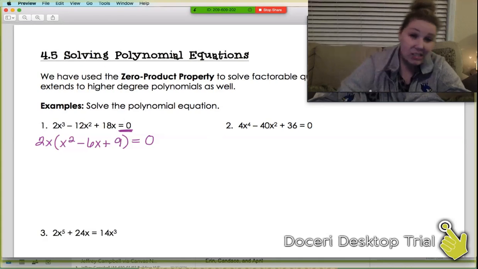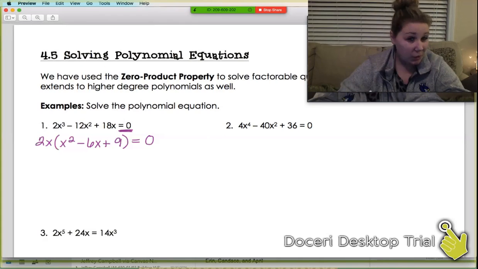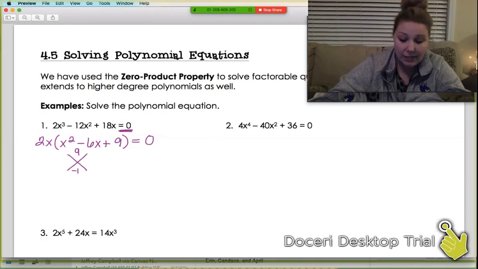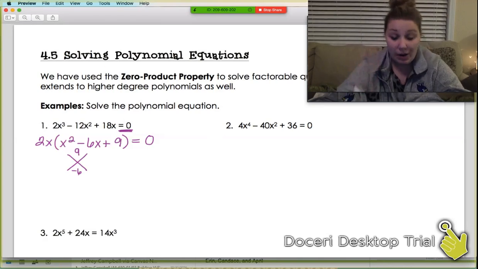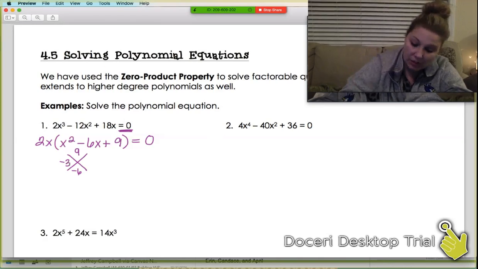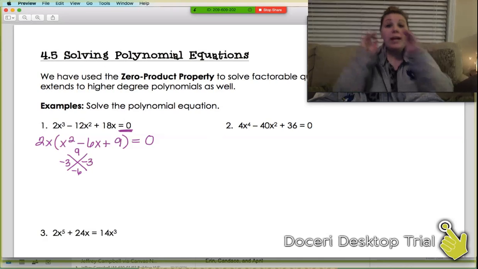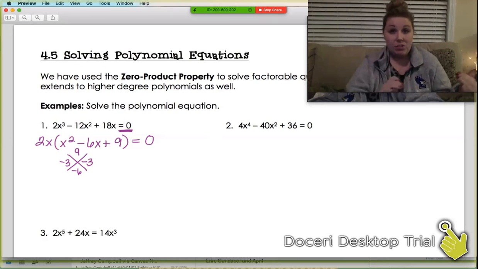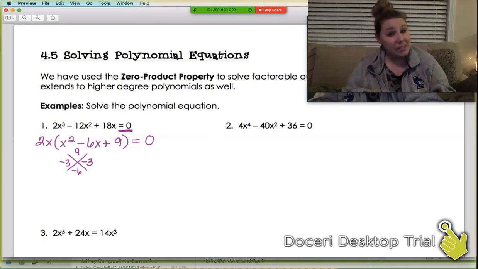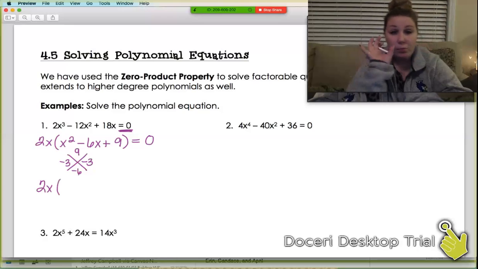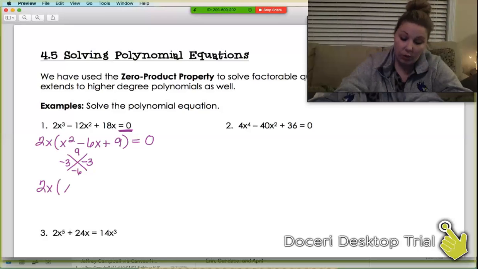And now what's left inside those parentheses there is a quadratic. And so some of you might notice this is a perfect square, but if you don't, that's okay. We look at what multiplies to 9 and adds to negative 6, and you can see right away you're going to get the same thing on both sides. It's minus 3 and minus 3. Now we can write x minus 3 and x minus 3, but it's easier, and we talked about practicing doing this a little bit more. It's a little bit more succinct, a little bit more condensed if we write this as x minus 3 squared.